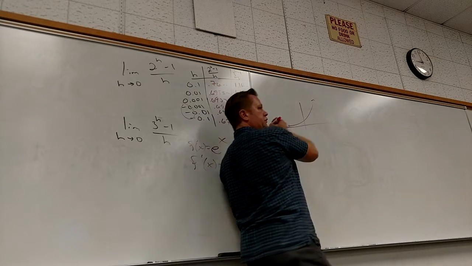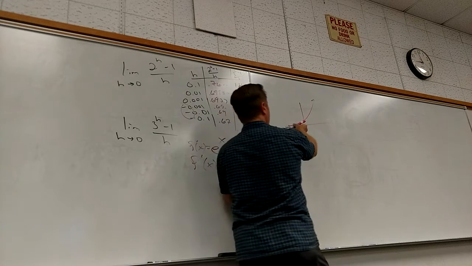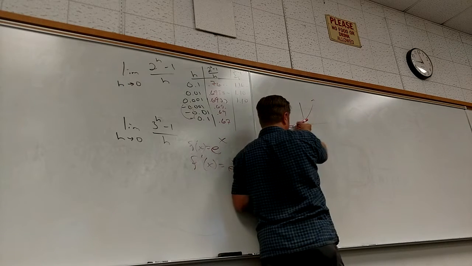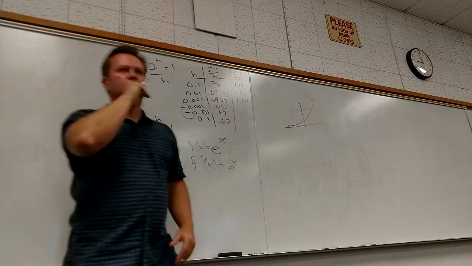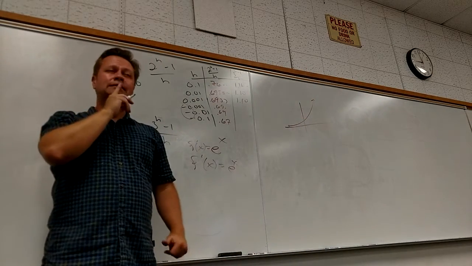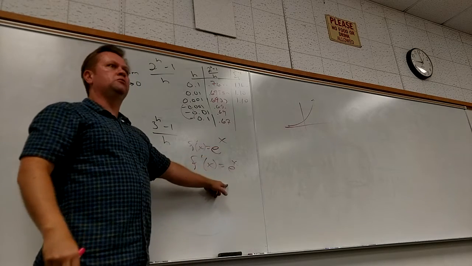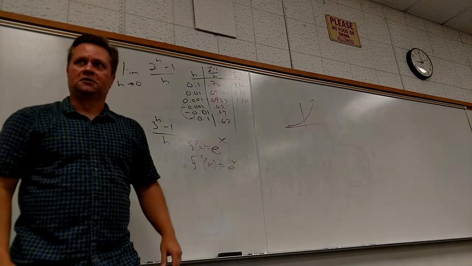Isn't the function also approaching 0? What's happening here to the slope? It's getting larger, and so is the function. So e to the x is the only function that is its own derivative. E is awesome.